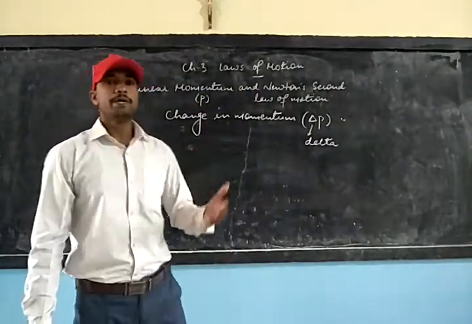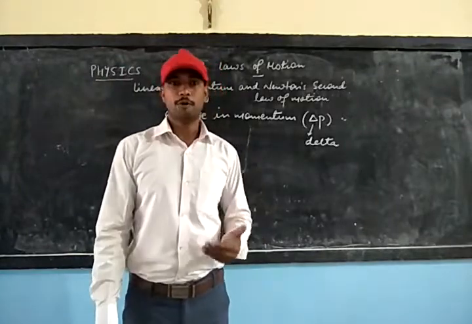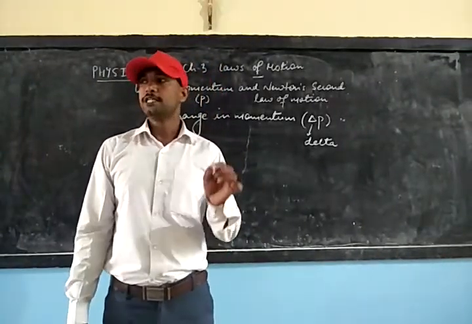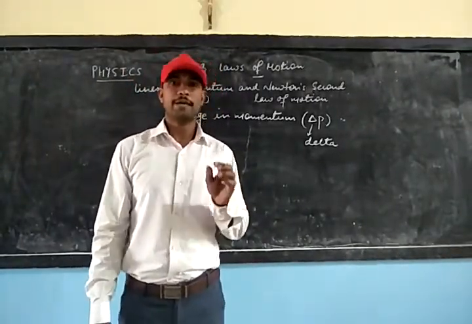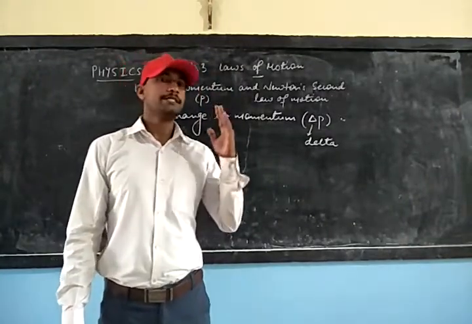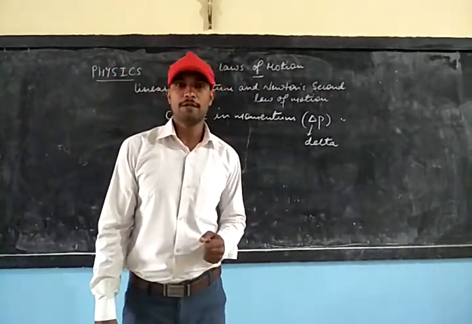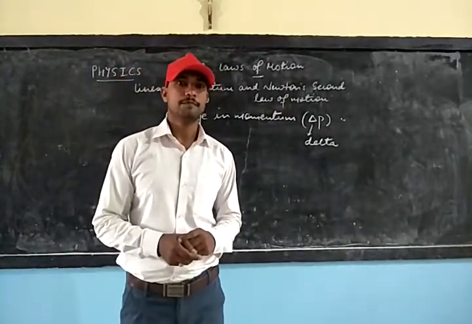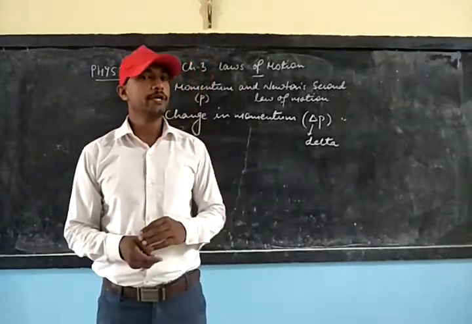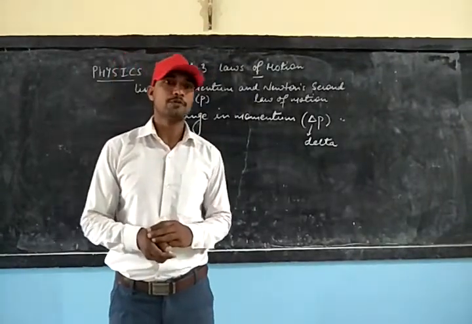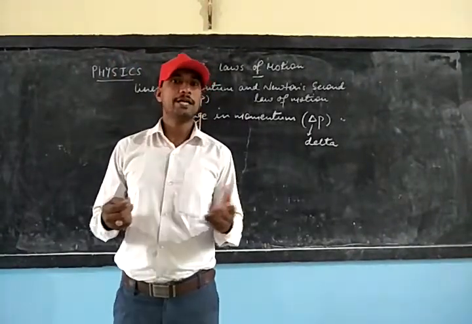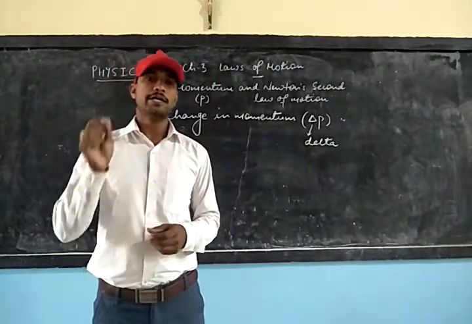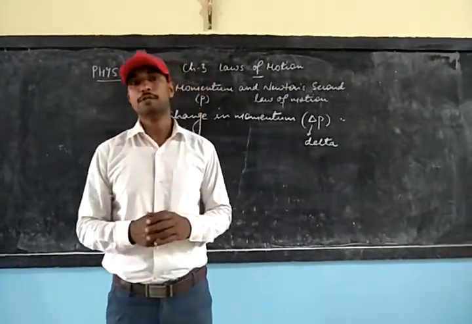Now, how can we bring about change in momentum in a body? Change in momentum in a body can be brought either by changing the mass of the body or by changing the velocity of the body. But it is not so easy to bring change in the mass of the body. So generally we consider change in velocity of a body.